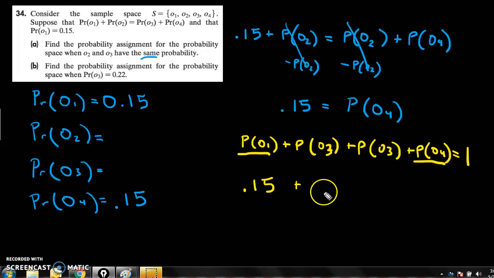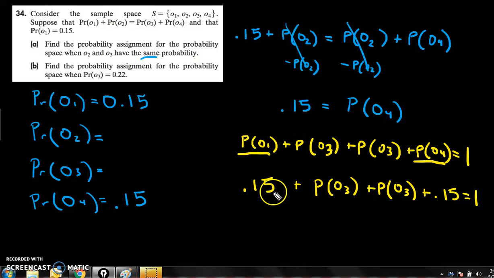So it looks like this outcome 3 is on here twice, or I'll leave them separate for right now. You can get like terms together and call them 2 times the probability of outcome 3. So I have 0.15 and 0.15, so 0.3 if I add those together. So if I subtract that from the other side, 1 minus 0.15 minus 0.15 is 0.7.